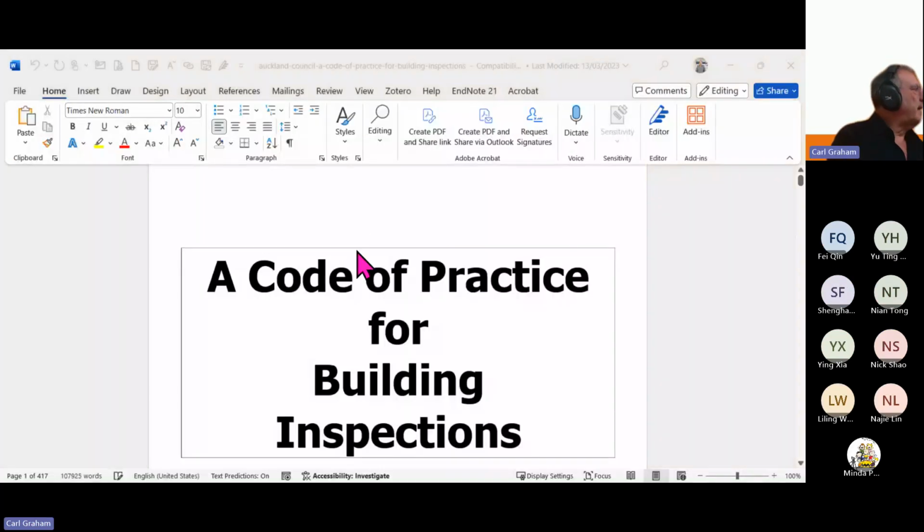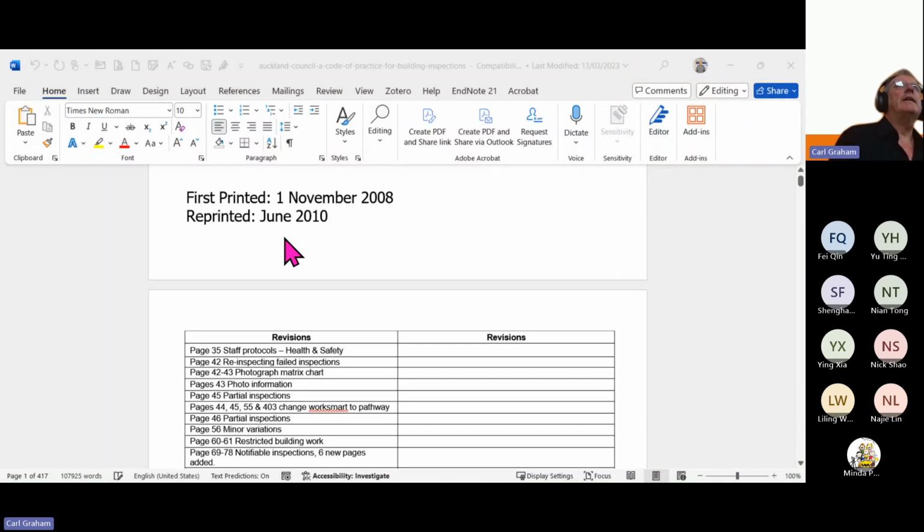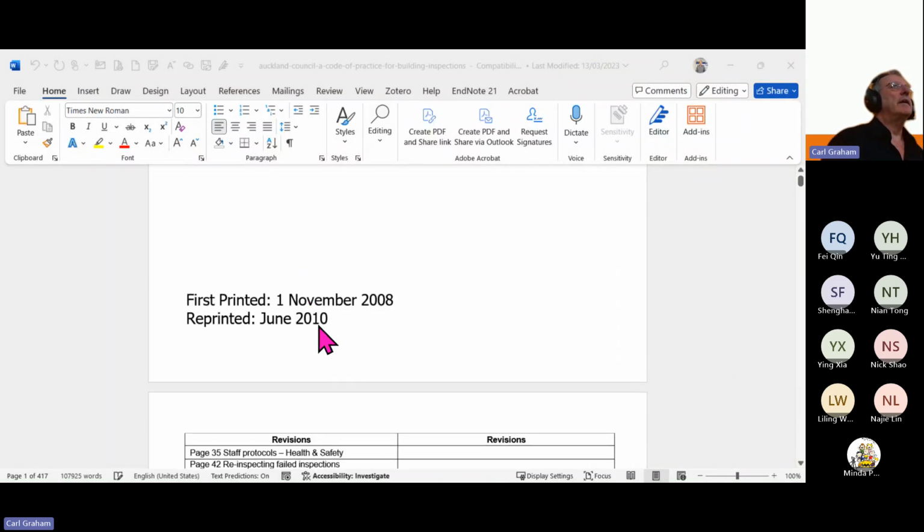So at Auckland Council, this was before, when you look at the bottom of this date here, updated in 2010. So this was just before the introduction of the requirement for building inspectors to have Regulation 18 training.